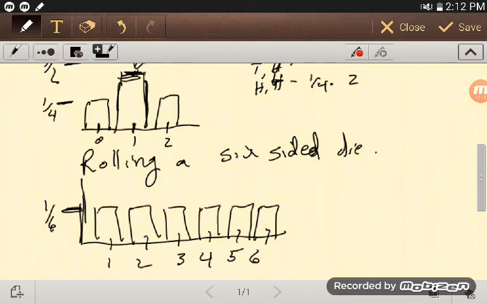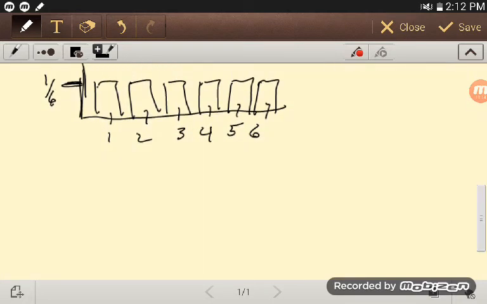So if I roll a die 4 times, then I could get the numbers 1 through 6, and here's a sample from that population of rolling the die 4 times.